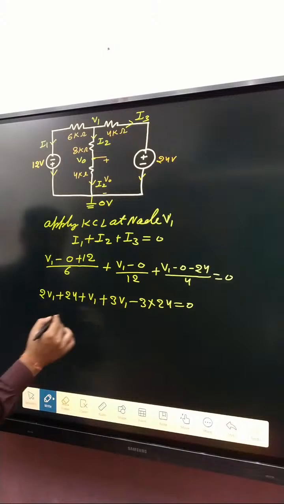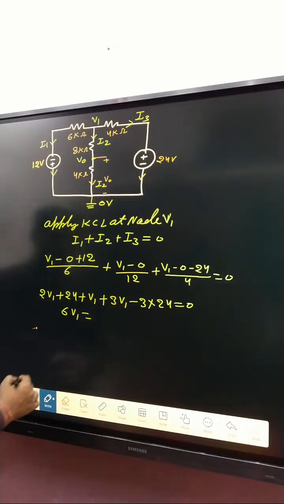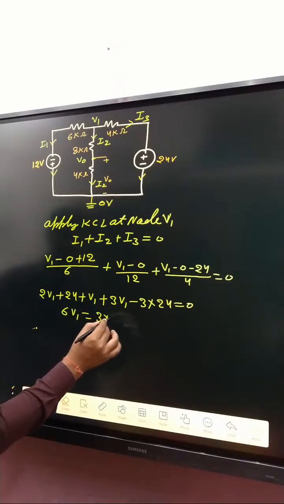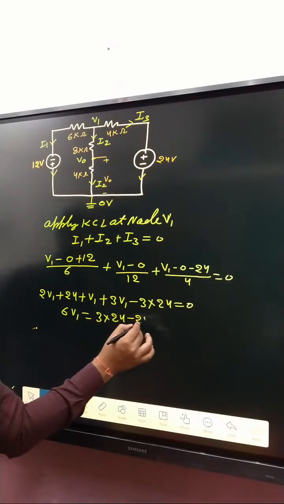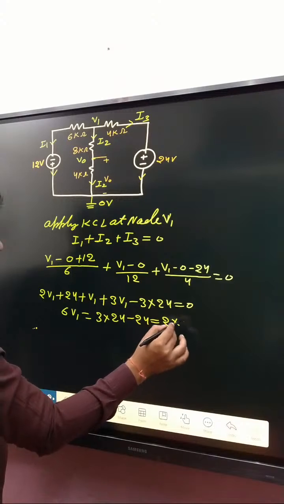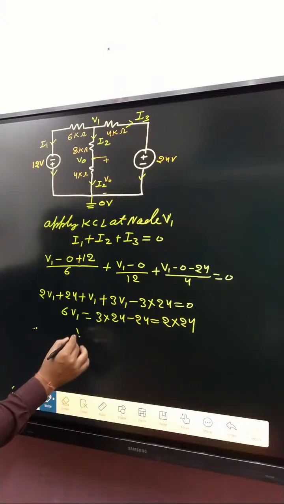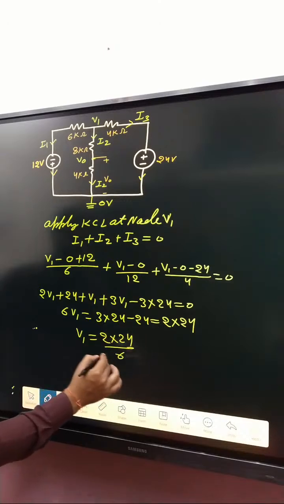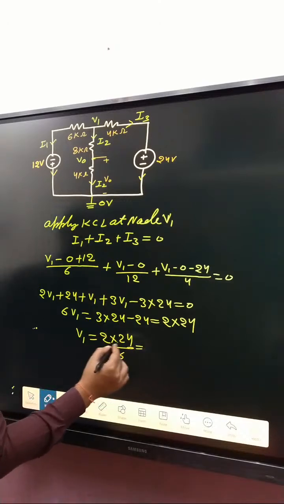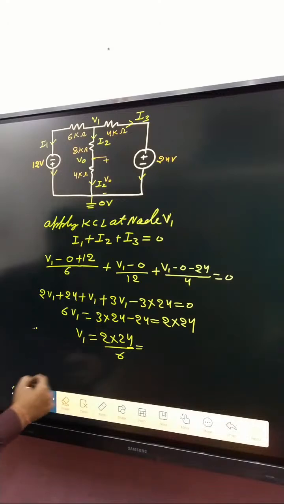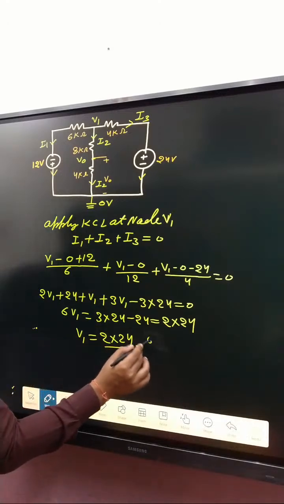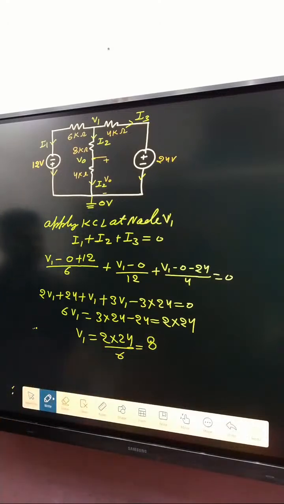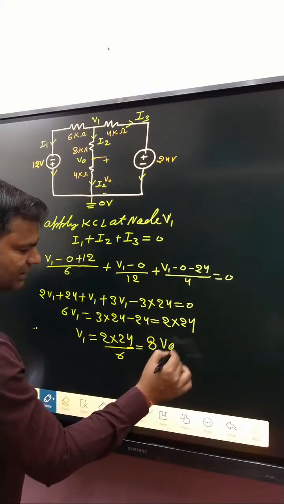So 2 plus 3 plus 1, that is 6V1, equal to 3 into 24 minus 24. So 2 into 24. V1 is 2 into 24 divided by 6, that is 8 volt. V1 is 8 volt.